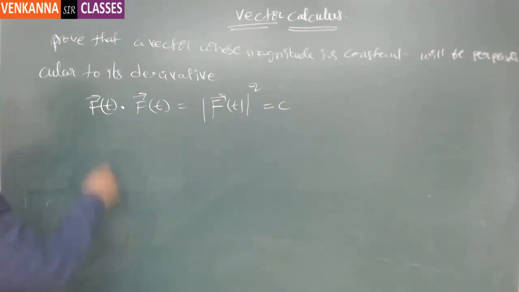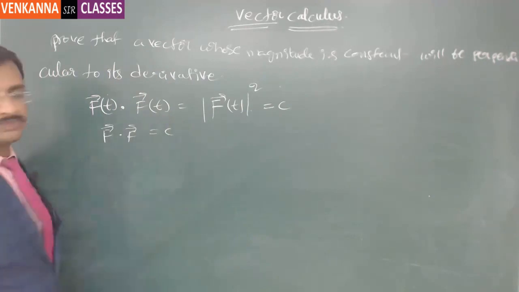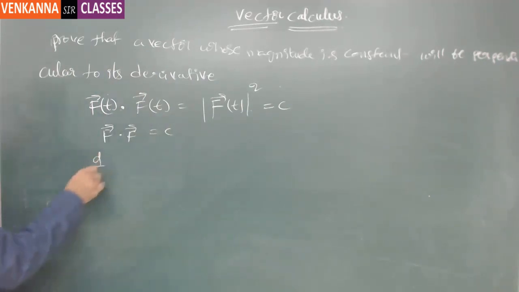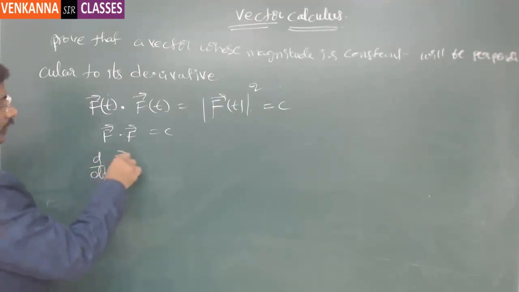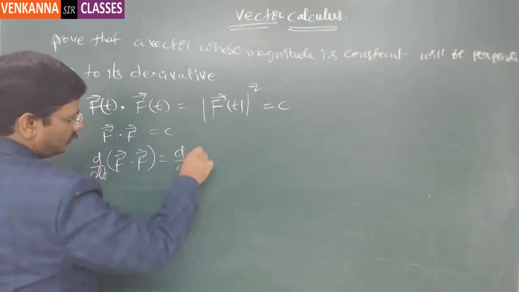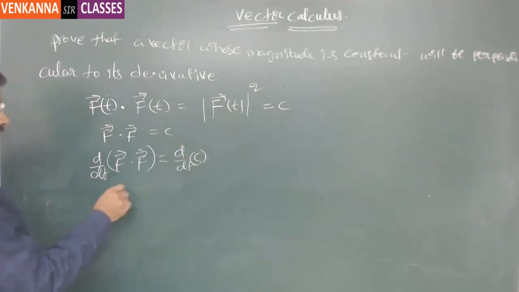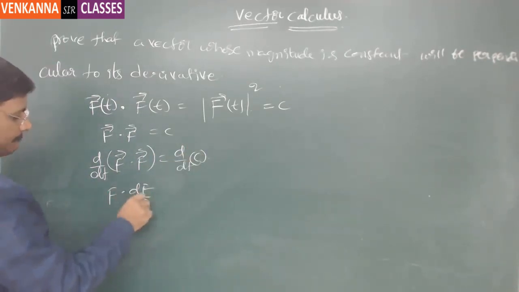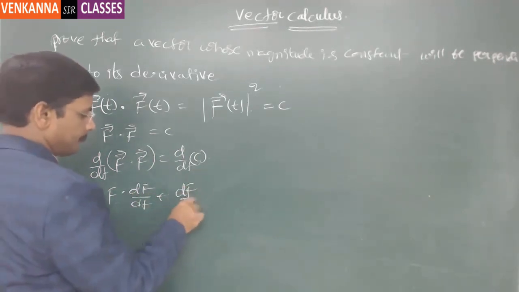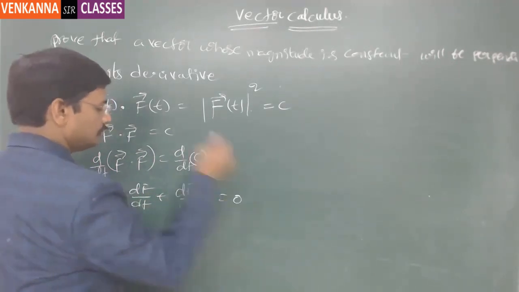So f dot f is equal to constant. If you take the derivative on either side, then d by dt of f dot f is equal to d by dt of the constant. Now this is f dot df by dt plus df by dt dot f, and this is equal to 0.